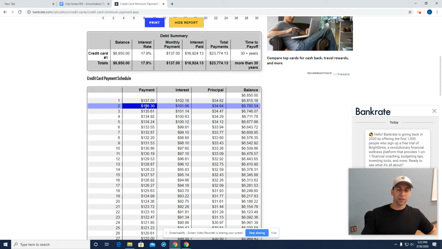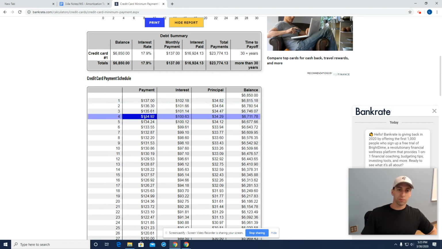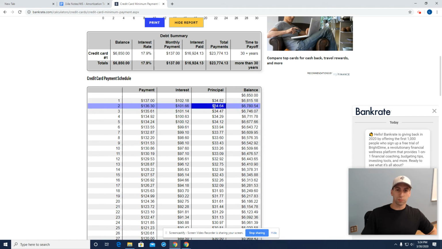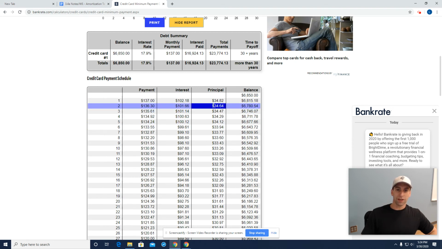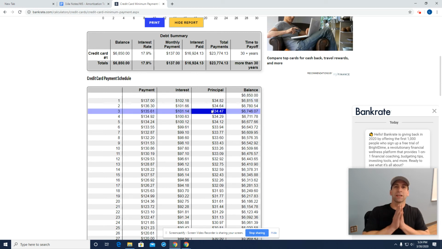You can see the payment went down from month to month. We don't want the payment to go down. We want to pay more on it. And you can see because the payment went down, the amount that goes to principal barely went up at all. As a matter of fact, it didn't go up. It went down. This loan is going to stretch out forever.